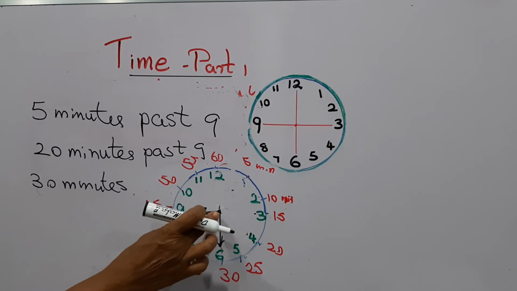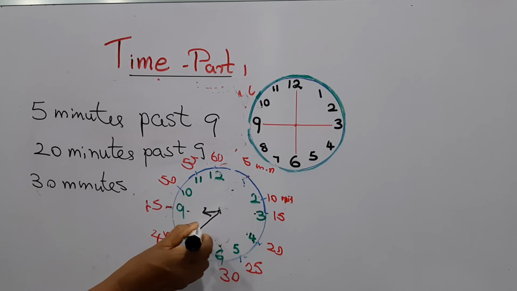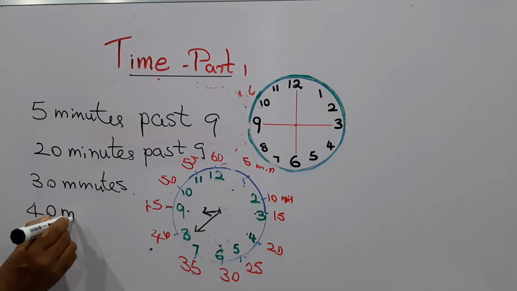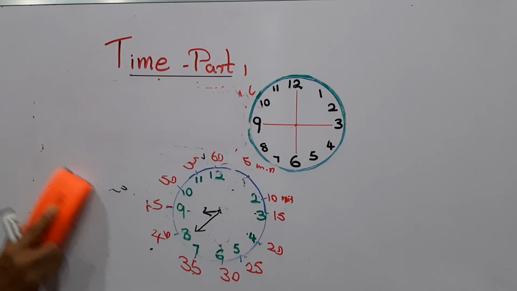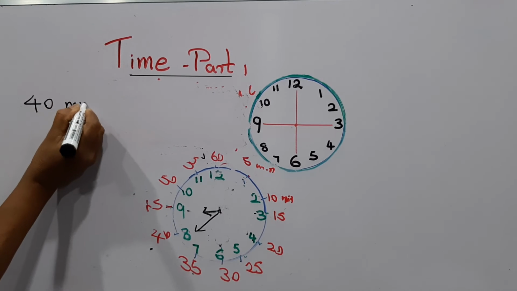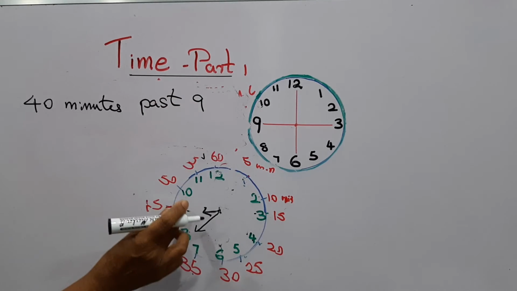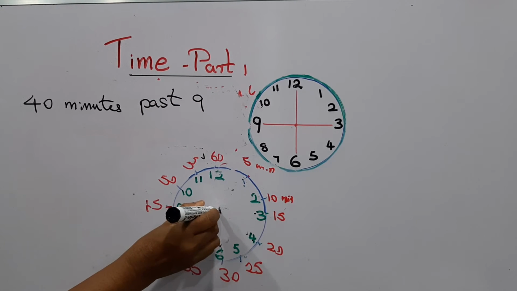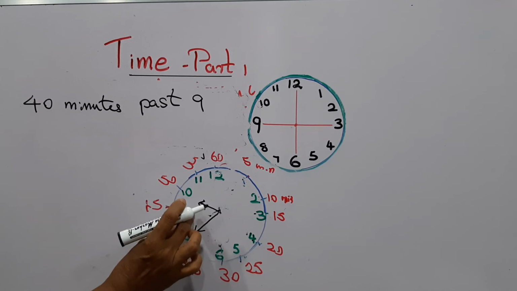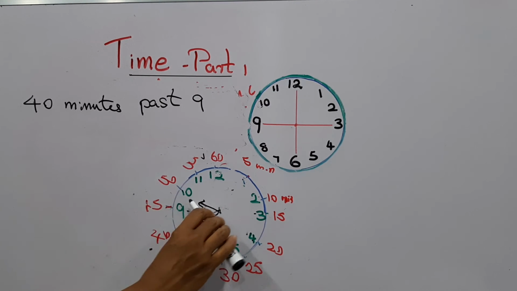Then again we'll think, now the minute hand is here. Now what's the time? How many minutes passed? 40 minutes. Now the time is 40 minutes past 9. Now the hour hand is moving towards 10. The hour hand is in between 9 and 10. After 9, what will be the time?